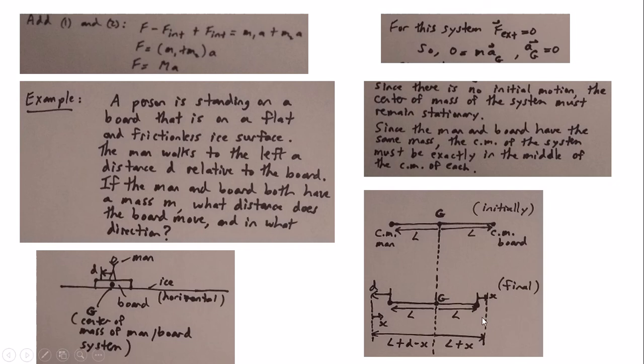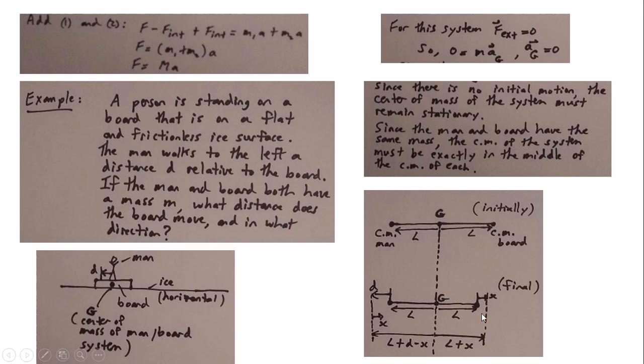Since both masses are equal, in other words, the mass of the man and the board are the same, these two distances, L + d - x and L + x, must be equal, since G must always lie in the exact middle of the two center of mass points.